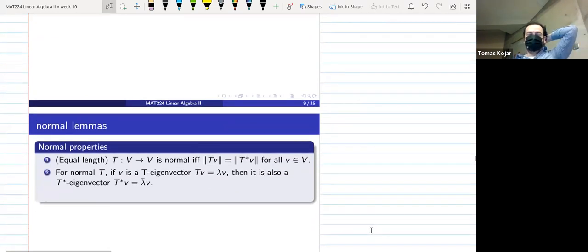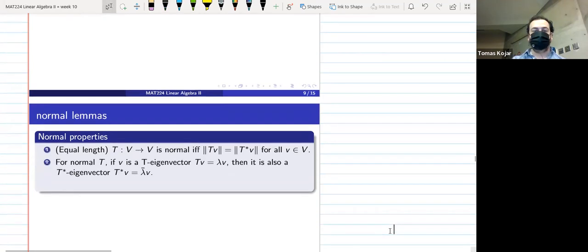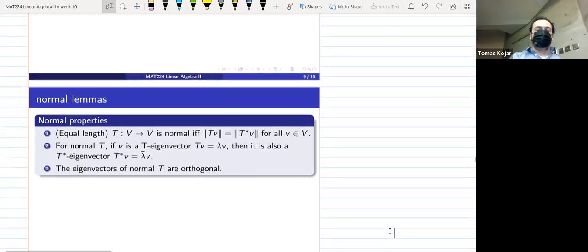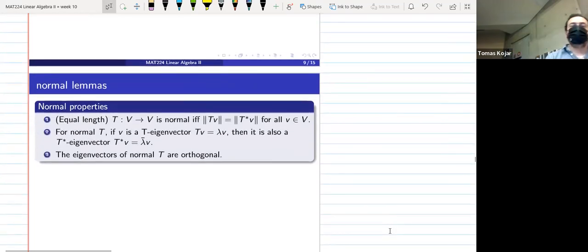Also, amazingly, the eigenvector of the adjoint is still the same, with eigenvalue lambda bar. Okay, we talked about this last week. And what else? Oh, and they're orthogonal. So, what does orthogonal imply? Sure, yeah, and then what do you get from that?